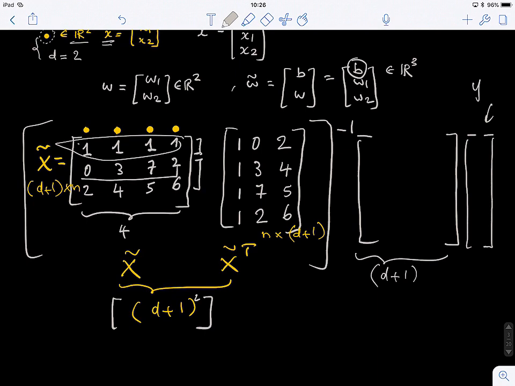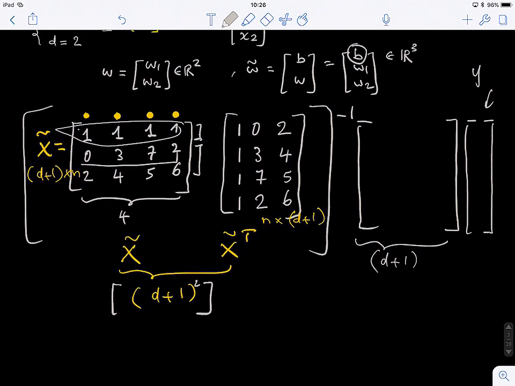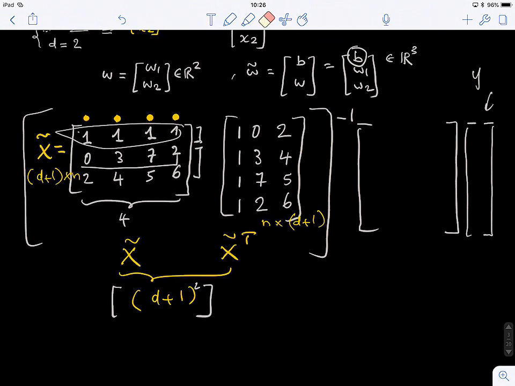Wait, guys. So what do we have here? This is something important. Let me write it down. Here, all of this is the inverse. Its dimensionality is (D plus 1) times (D plus 1). Okay, guys? Get it, right?